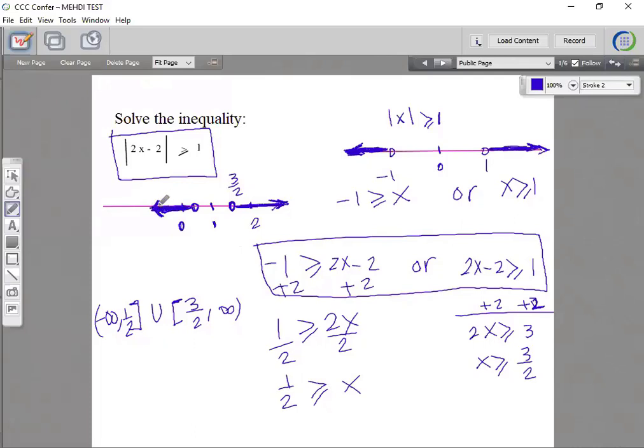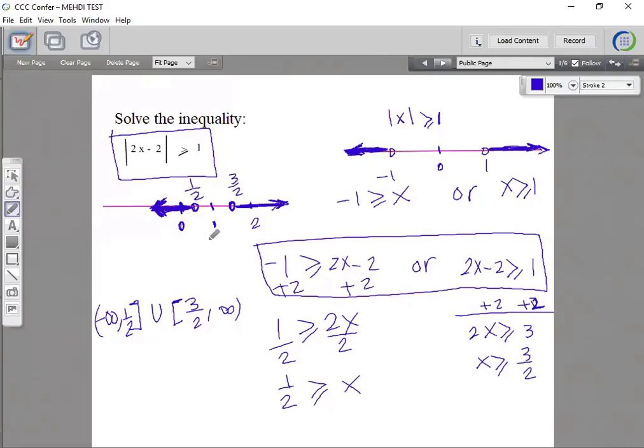That would be a good check, because when I checked 0 earlier, it did check out, and that wasn't showing on my graph here. So this is 1/2. So all the numbers to the right of 3/2 to infinity, and all the numbers from 1/2 to negative infinity. The solution is correct. Interval notation is correct, except the graph wasn't correct.